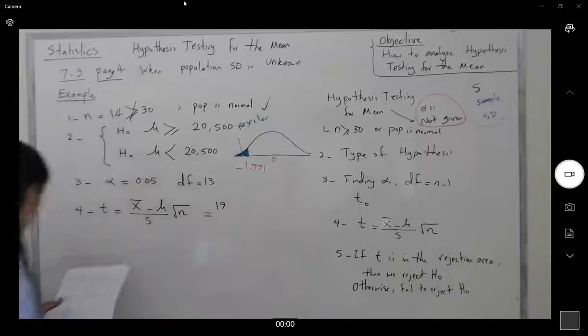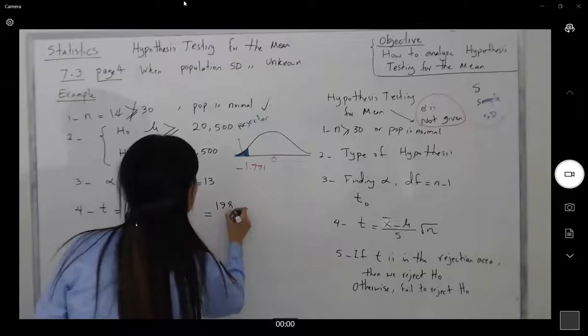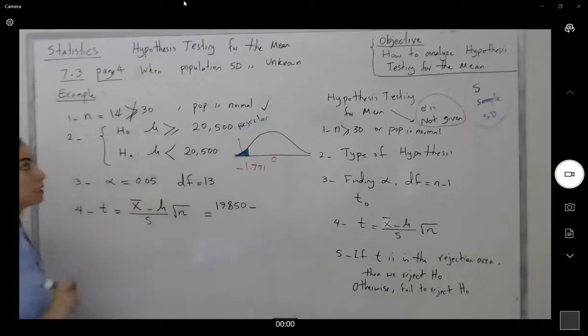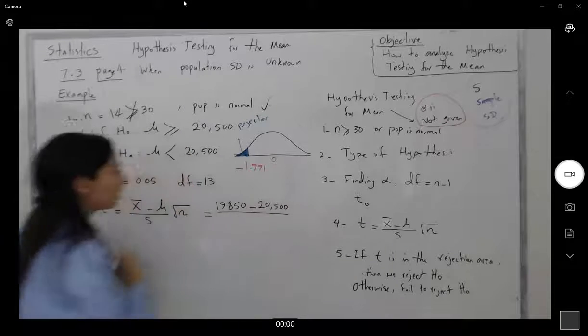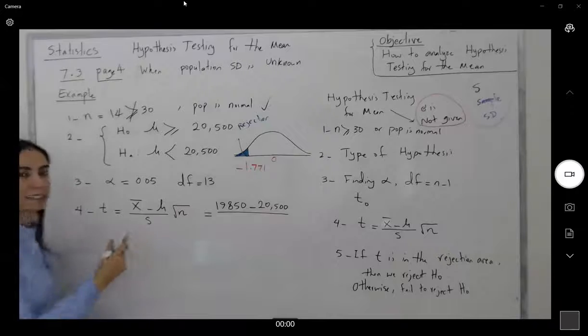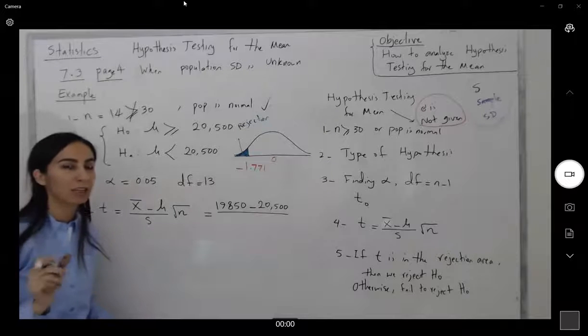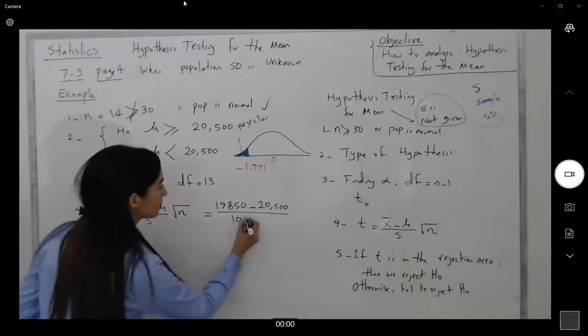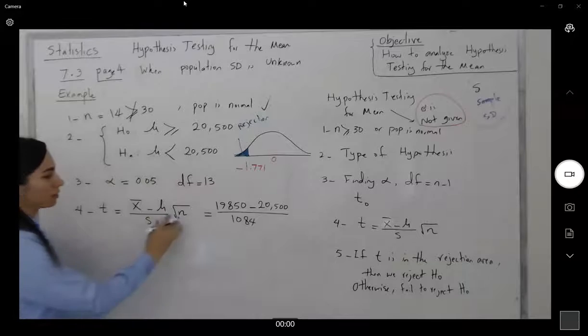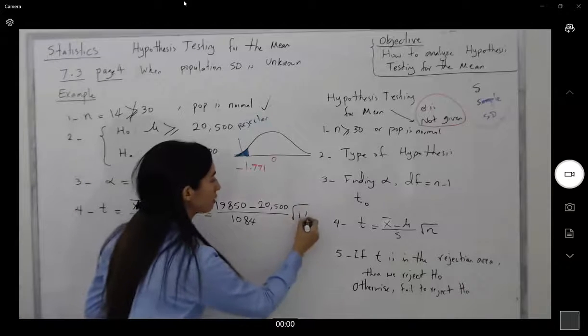So 19,850 minus the mean, which is 20,500, divided by s. What is s? The sample standard deviation. It's given to us. 1,084 times square root of n. n is 14.